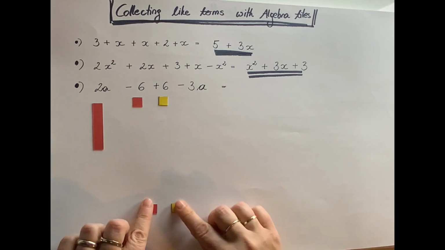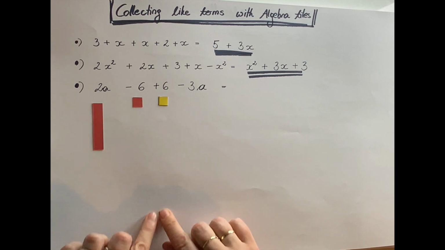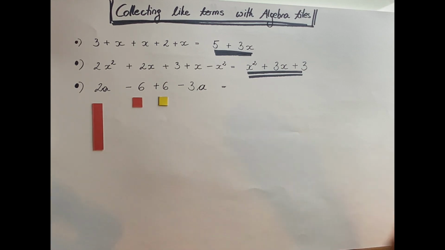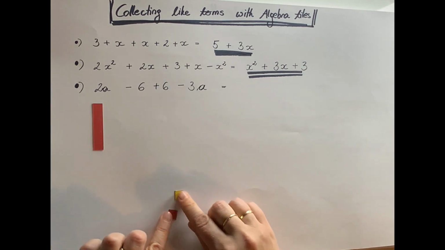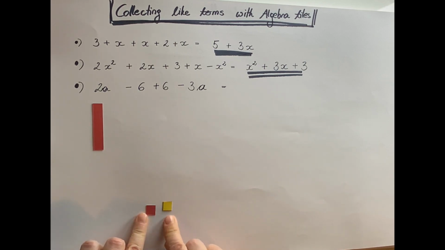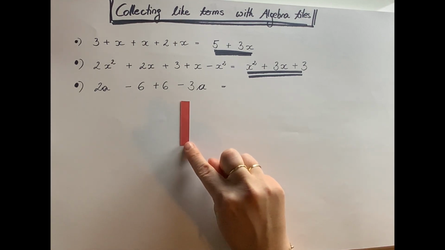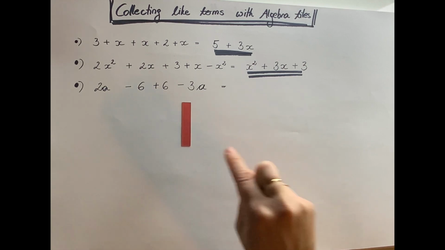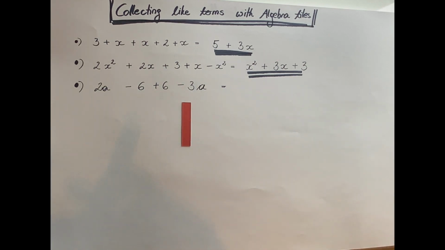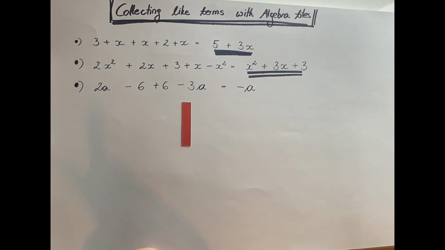Another one, 1 minus 1 gives us 0. And minus 1 plus 1 gives us 0. So they're all gone. So what are we left with here? Remember, red is negative. So this is a negative a that we're left with.